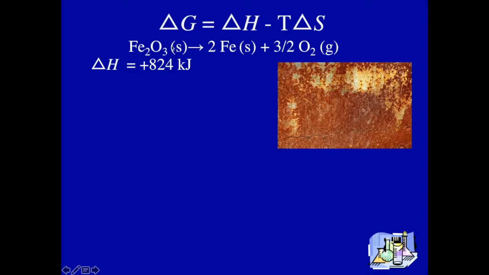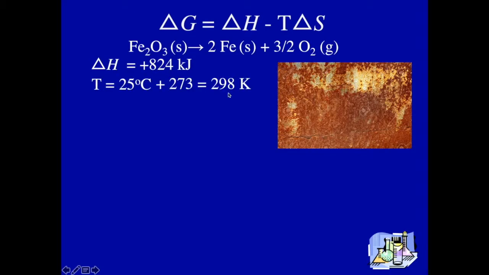The reverse is very exothermic. You take iron and you combine it with oxygen, it releases a lot of energy, a lot of heat. However, if you take iron 3 oxide and you try to change it into its constituent elements, it's going to absorb a lot of heat. So my delta H is very high.